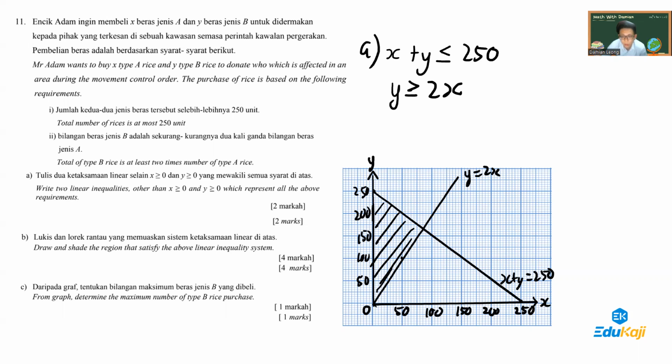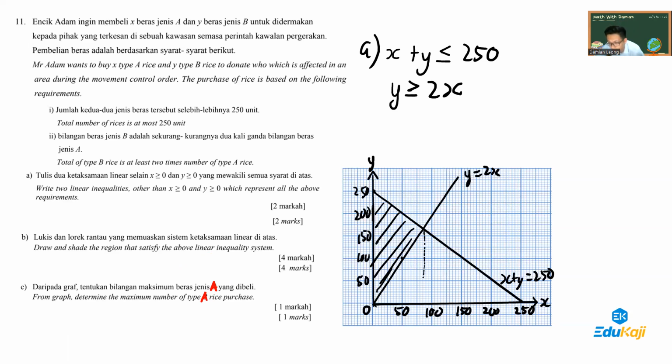Actually, no. I think there's an error in the question, because it doesn't make sense for them to ask type B, because the maximum would just be 250. So this should be type A instead.